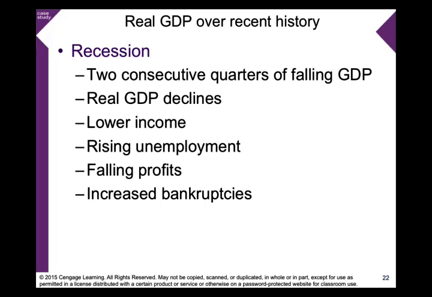Real GDP will be declining in the case of a recession, and then your country will have lower income, people will have lower income, and there will be rising unemployment. It might also cause people to lose their jobs, and businesses will earn less profit and might face bankruptcies because of several problems that firms, households and people face during such a time.